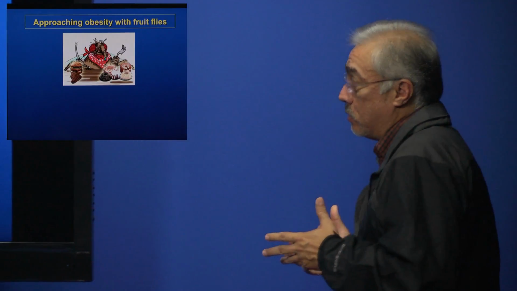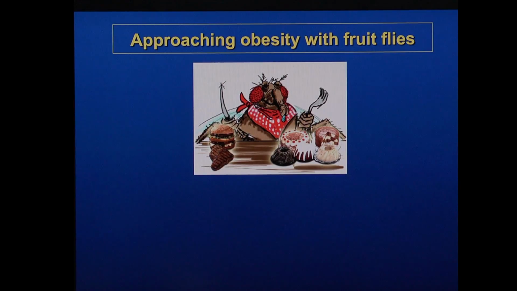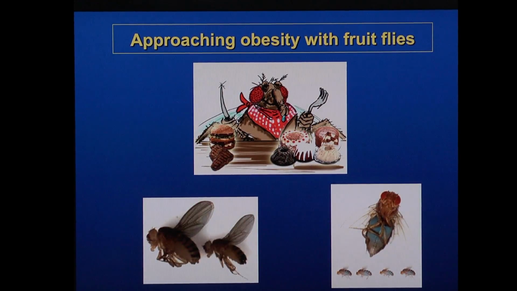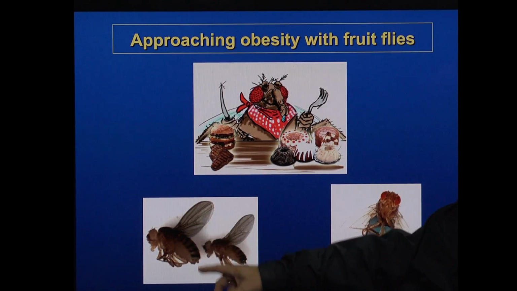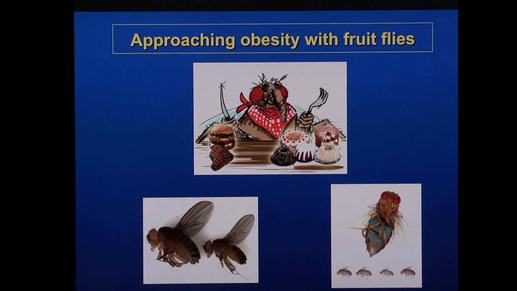So we can also study obesity in flies. The same way you expose the flies to drugs, you can expose them to different types of diets. You can use a high-sugar diet and so on. This is a normal fly, and this is an obese fly. And the way you do that, you mix your specific food with some dye.